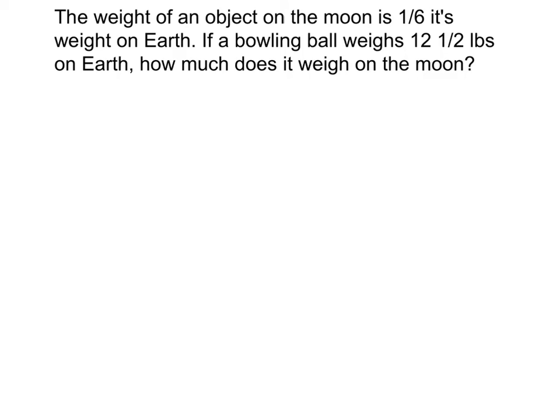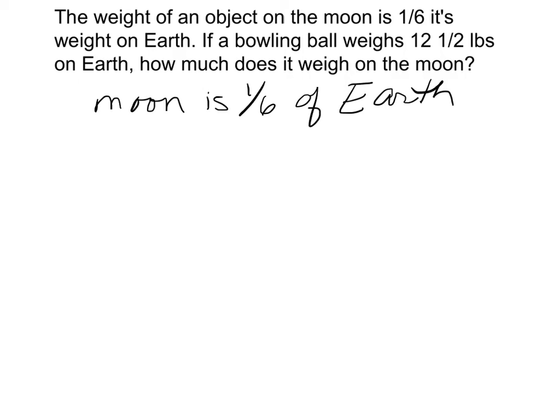Okay, so let's get our thoughts together here. We know that something on the moon is 1/6 what it weighs on Earth. So it's 1/6 of its Earth weight. So in other words, something on the moon is 1/6 times what it weighs on the Earth.